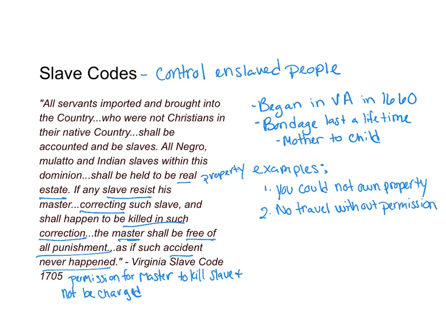In fact, if you go to some of the museums in Old Town Alexandria, they can show you examples of what those look like. You could not testify against a white person in court. So if your master did something to you, you couldn't testify against them in court. And you could not gather in groups.